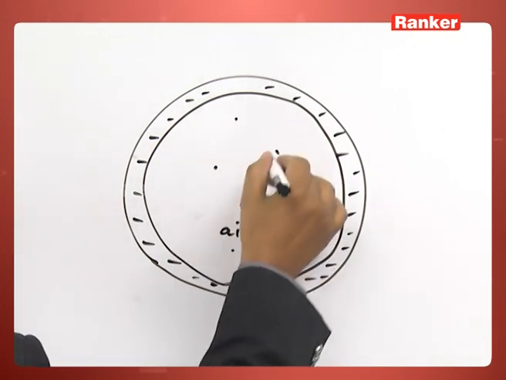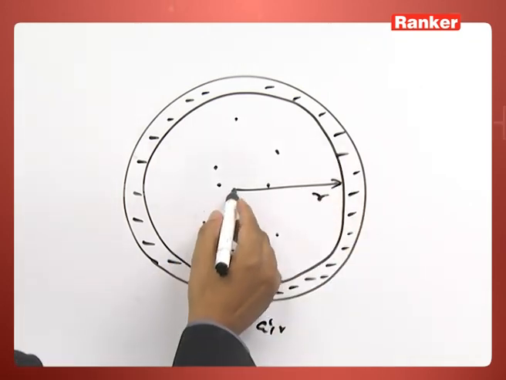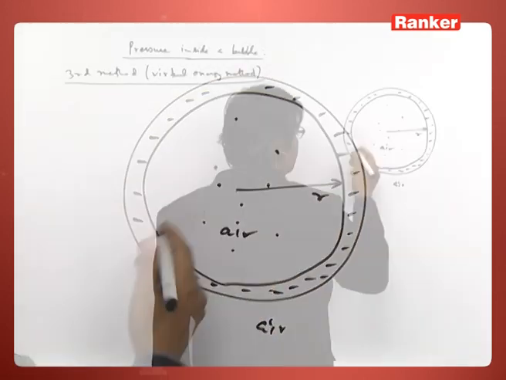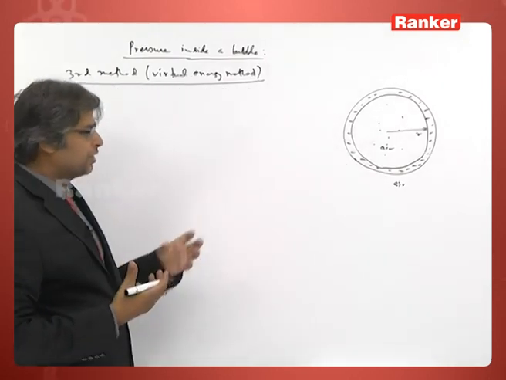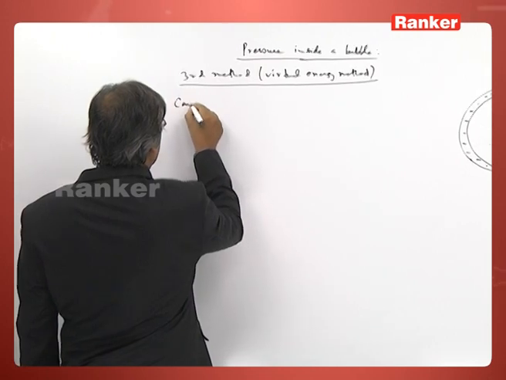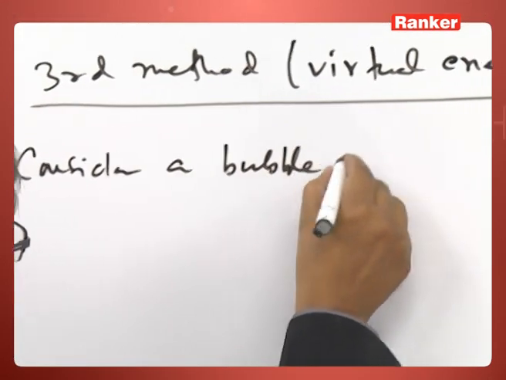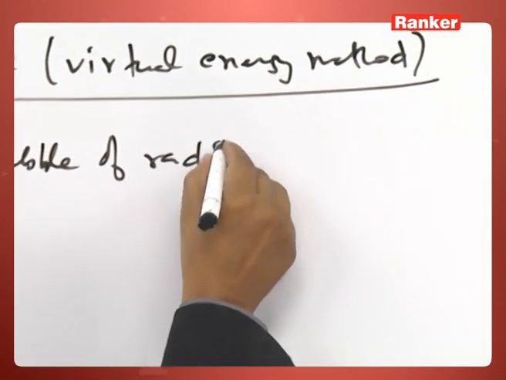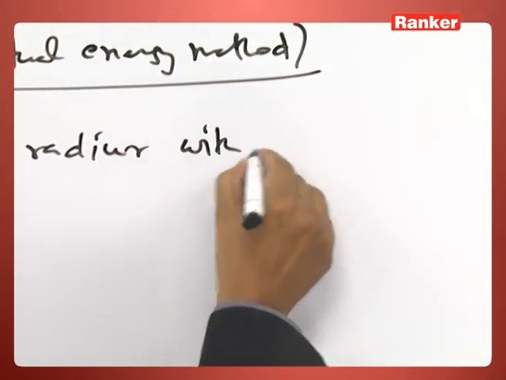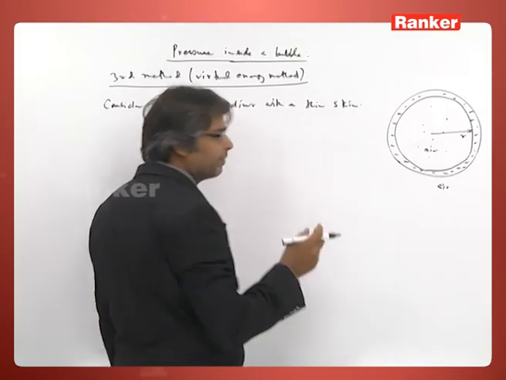This is the air inside and it has a radius r, and you see its radius increases fictitiously. So, consider a bubble of radius r with a thin skin, that is its surface is very thin.